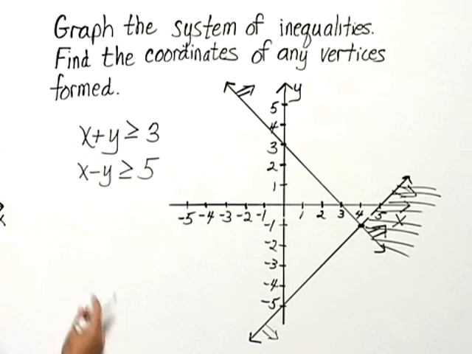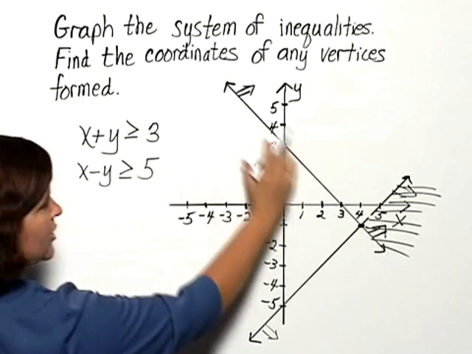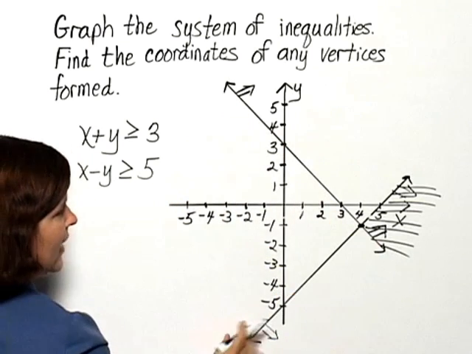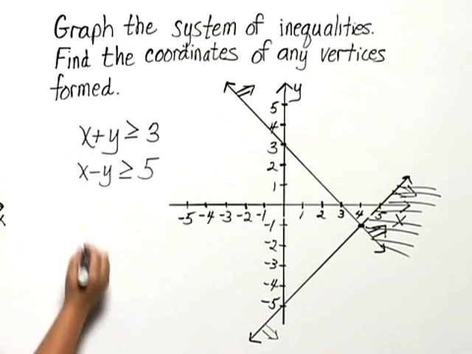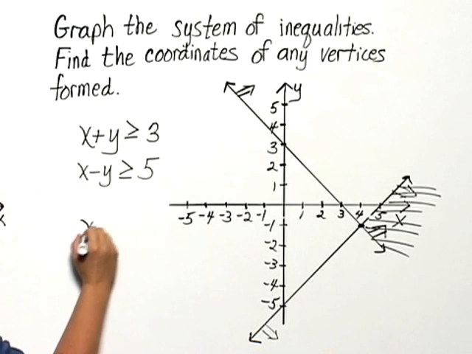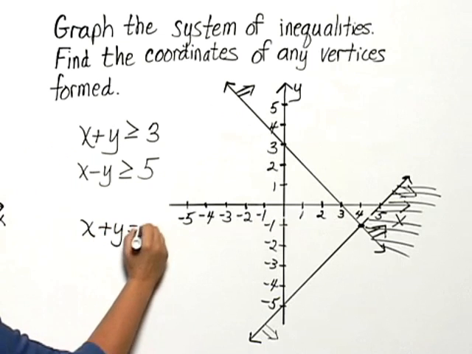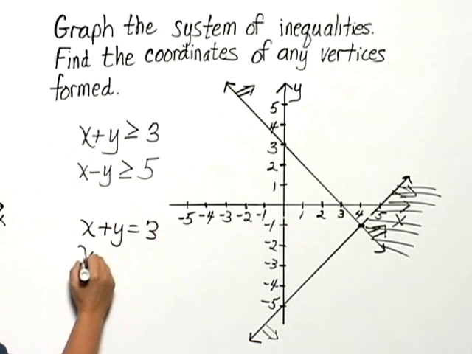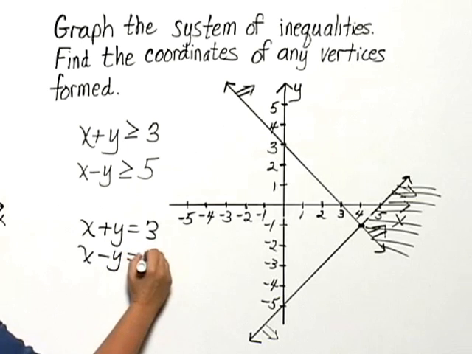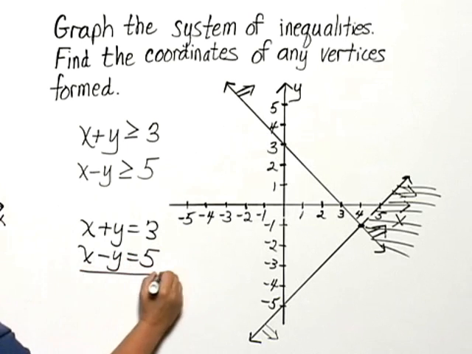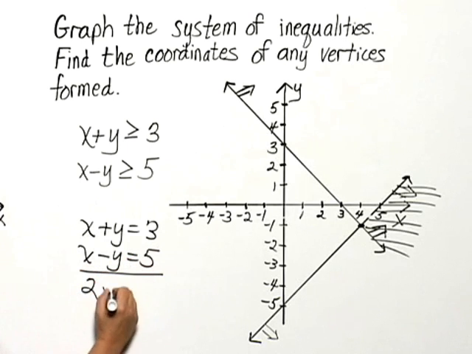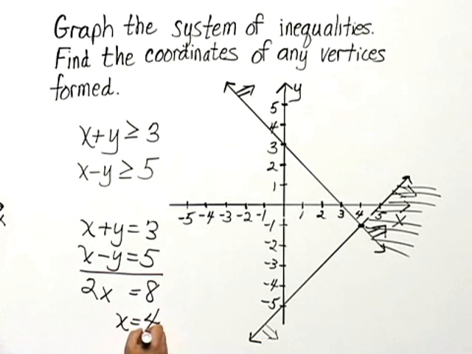But to find it exactly, we take the equation for this line, the equation for this line, and solve a system of equations. In other words, we solve x plus y equals 3, x minus y equals 5. Adding, we get 2x plus 0 equals 8, or x equals 4.